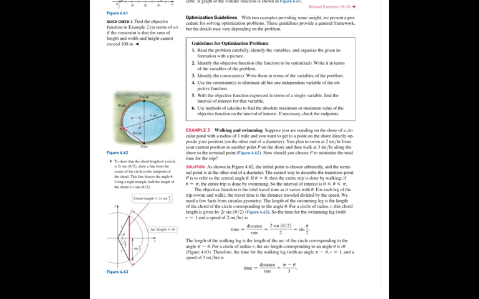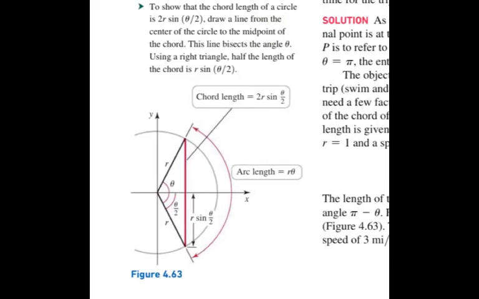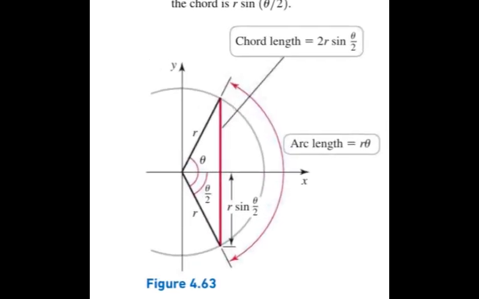Yeah, so we definitely said that arc length is S equals R theta, but for chord length, 2R sine of theta over 2. So from there to there, because it makes a right triangle, right? So if we're looking at chord length, let's look at this image here. Suppose we ignore the bottom triangle.